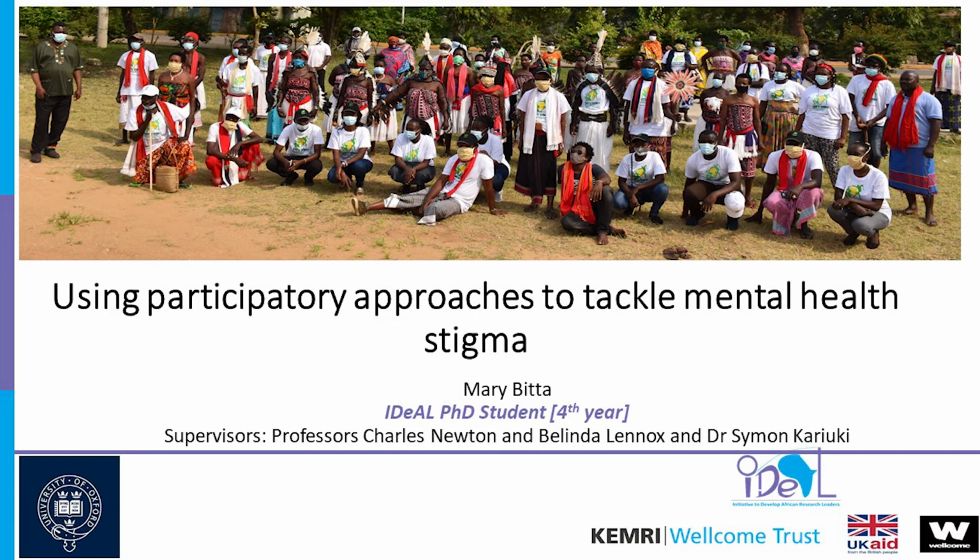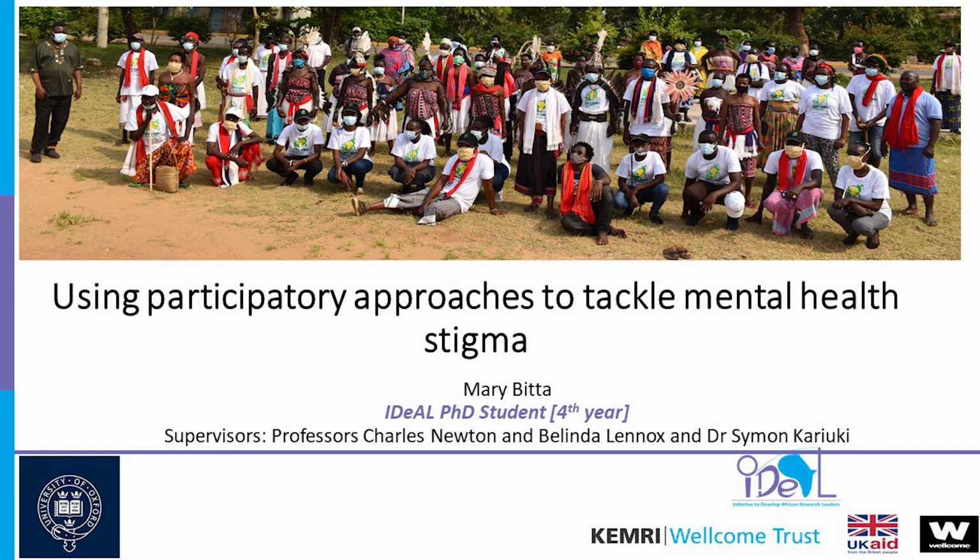And I tackle 2 key components. One is access to care, and the second one is stigma, which forms a core component of my PhD work. For the work around stigma, I was funded by the Wellcome Trust Public Engagement Fund in 2019 to set up a community-level awareness campaign, which we dubbed Difusimo.